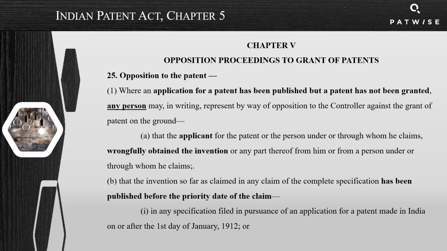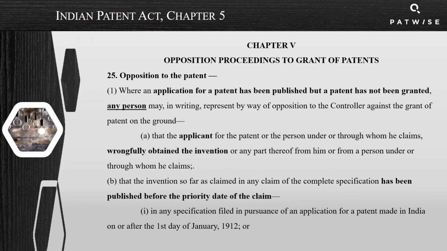Point number 1, that the applicant for the patent has wrongfully obtained the invention. So it is not his invention, he has obtained it from somebody else. That's called wrongful obtainment of the invention. So if I have facts relating to it, I can file under 25(1)(a).